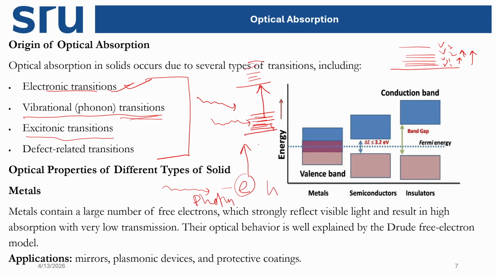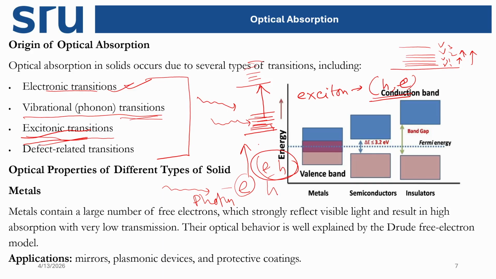Then a hole is created. When an electron and hole pair is created, that is called an exciton. An exciton is a combination of a hole and an electron, one pair where the hole and electron are together. When this kind of interaction or transition takes place, we call the process an excitonic transition.